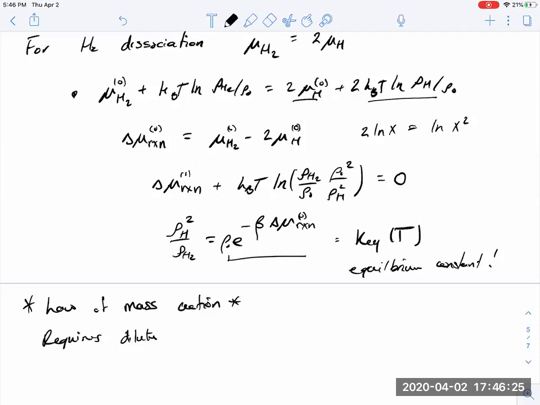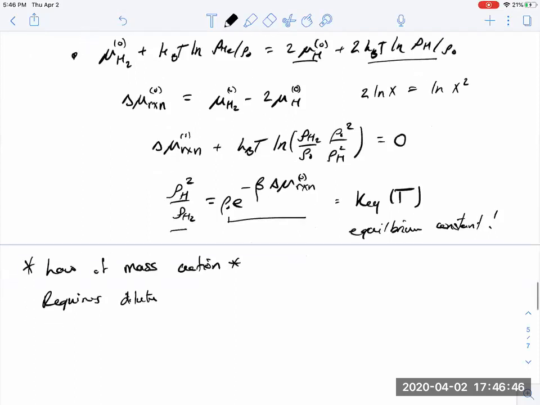The definition of an equilibrium constant, often abused, really is only valid when we think about reactants and their products being under dilute solution conditions. Otherwise, we wouldn't be able to so cleanly separate out the density dependence over on the left-hand side of that equation from, say, the temperature dependence over on the right-hand side of that equation.